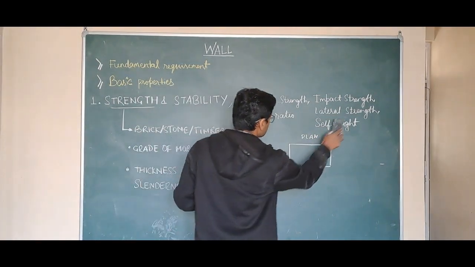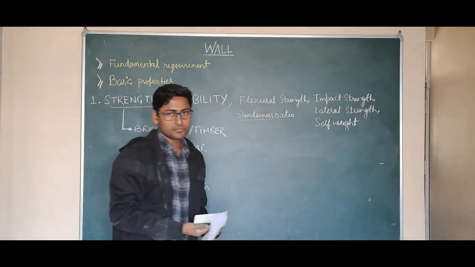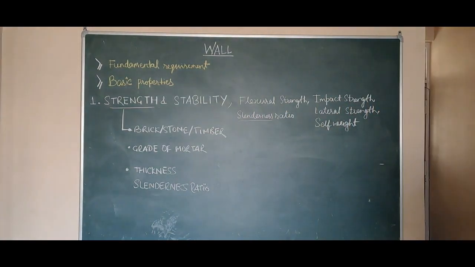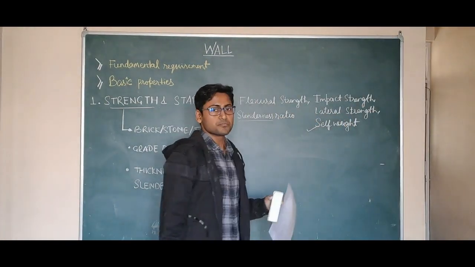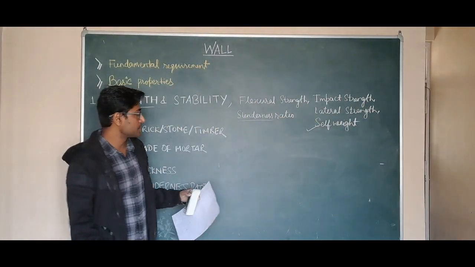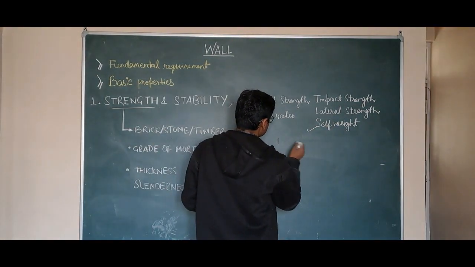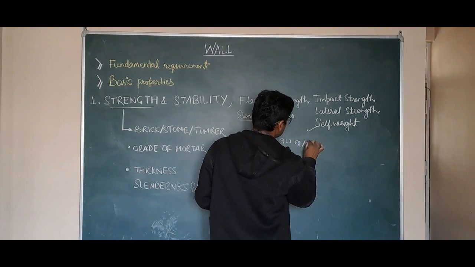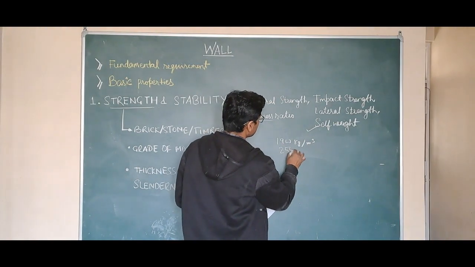So lateral strength also matters, and self weight also matters, because the dead load of the building along with the live load is quite high. In the case of brick, there will be some weight. In the case of timber, that is a lighter material, or bamboo will be lighter. If you take brick, you may have 17 to 1900 kg per cubic meter. In the case of stone, it would be 2500.